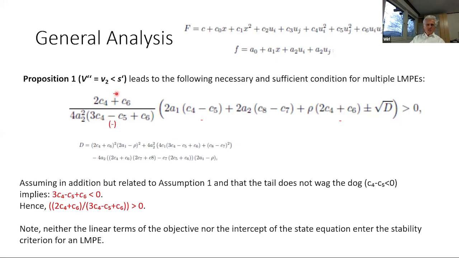The numerator is negative by assumption of the Legendre-Clebsch condition, and the denominator is negative, at least if we rule out that the tail wags the dog. Okay? So maybe since I put this as a remark at the end, neither the linear terms of the objective nor the intercept of the state equation enters the above stability criteria.